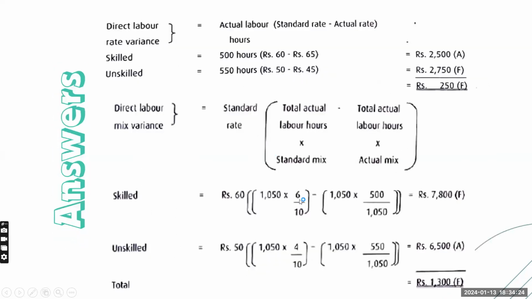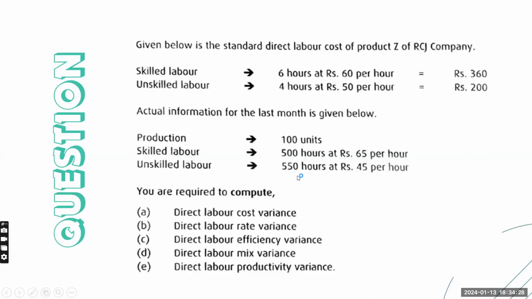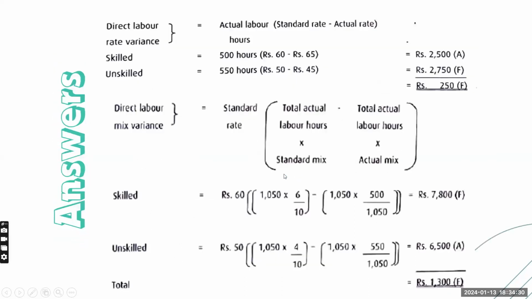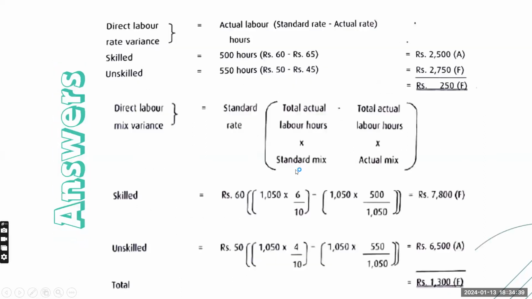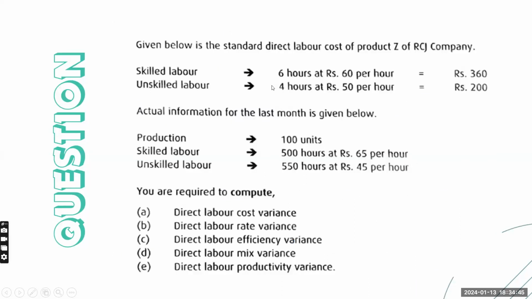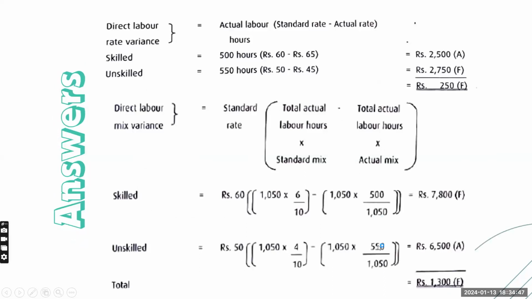That is your proportion, 6/10. Actual labor hours: 500 plus 550 together, 1050. Then 1050 multiplied by 500 out of 1050, that is your actual mix. Favorable. Unskilled also the same way: it is 4/10 and then 550 out of 1050. Get the net impact.